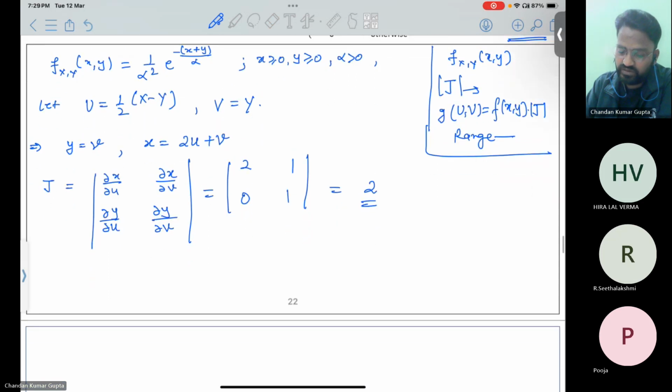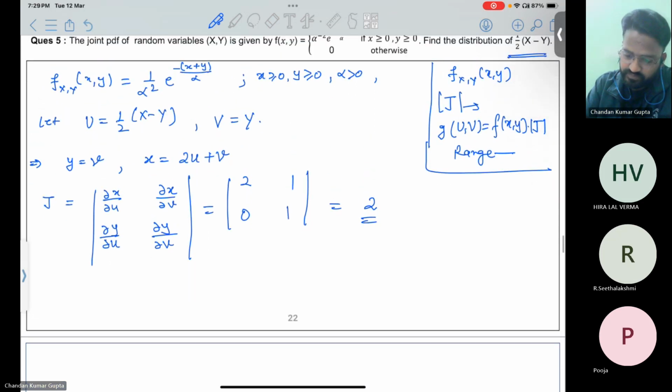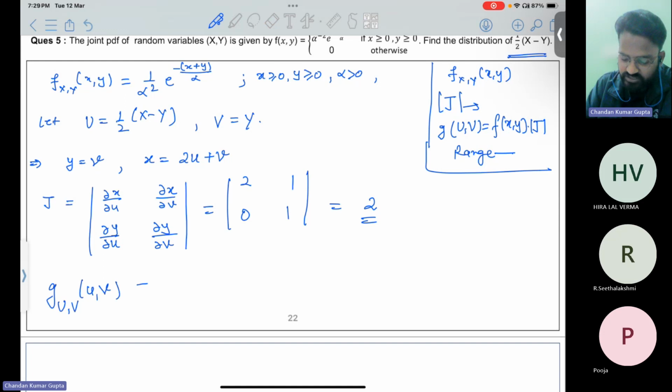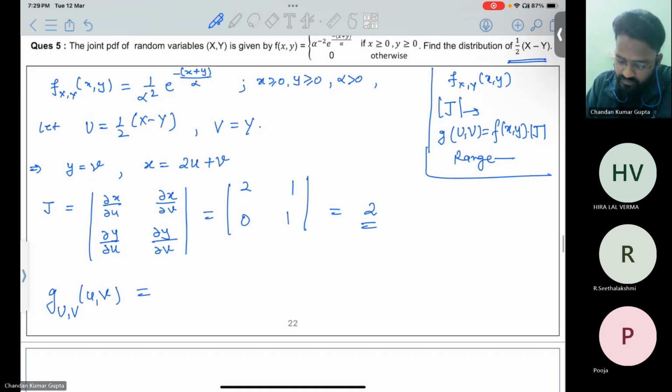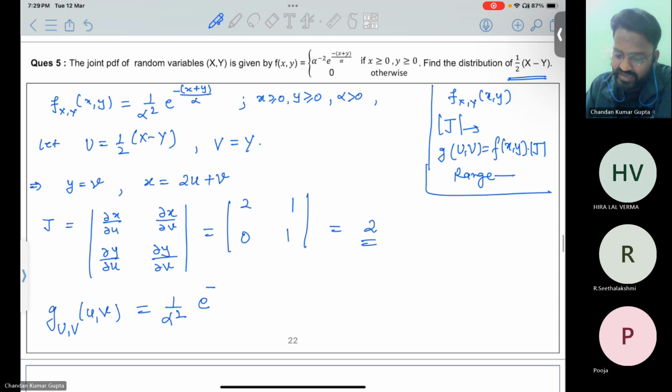So our joint PDF of u and v is 1 by alpha square e to the power minus of (x plus y) divided by alpha, where x plus y is 2u plus v.